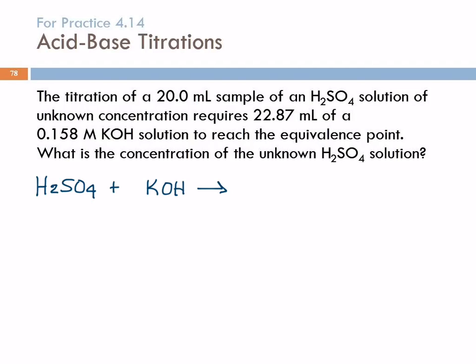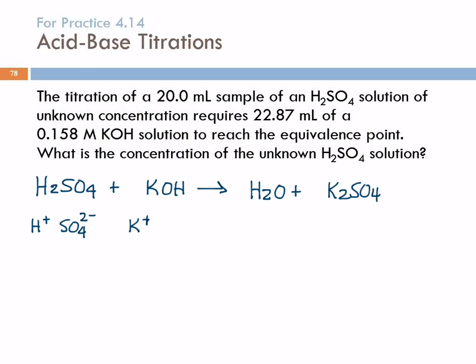Well, what are the products going to be? Water and potassium sulfate. Now, if you're sitting there going, how did they do that? Let me show you. This sulfuric acid has two ions in it, hydrogen ion and sulfate ion.